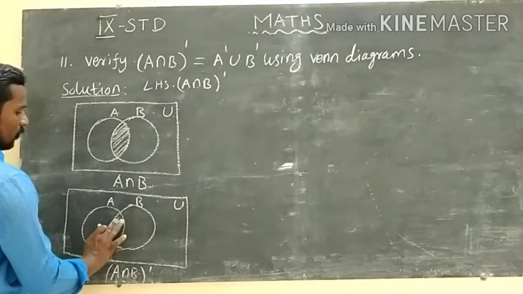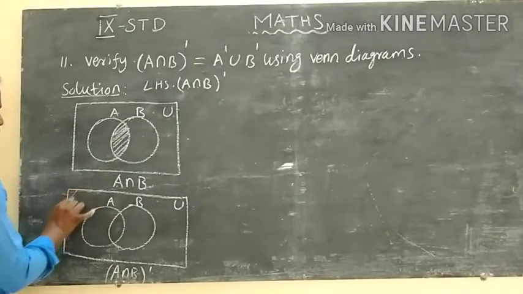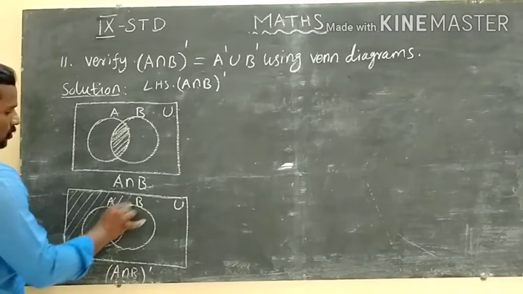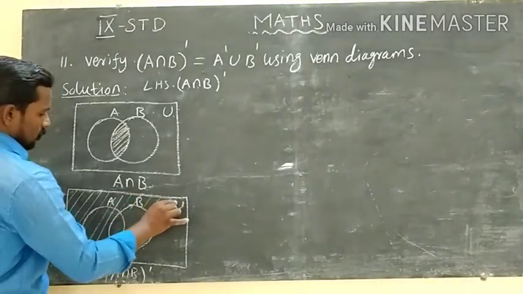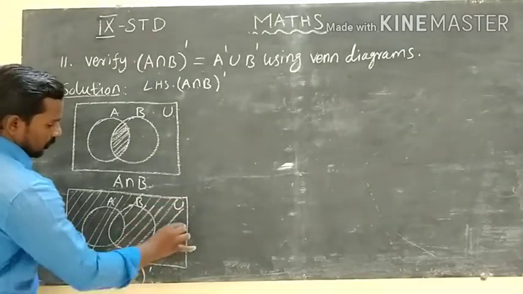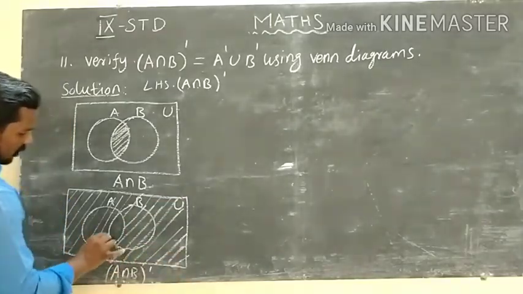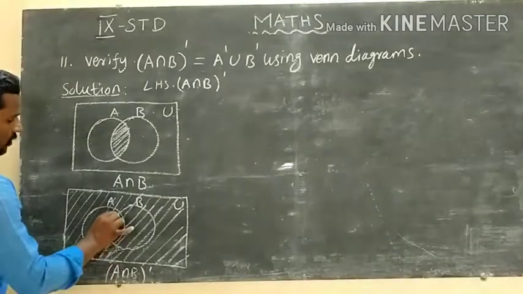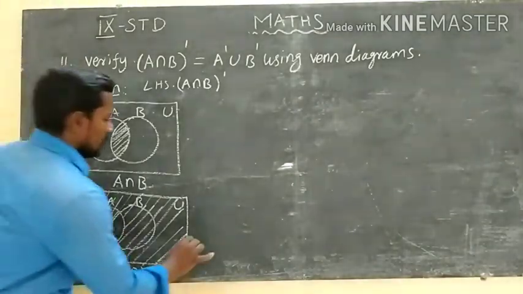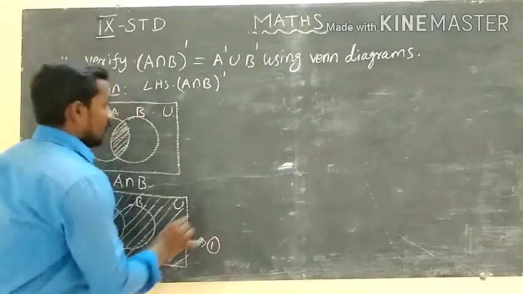This portion only we want to omit. The remaining portions are all this. This is the remaining portion. Only the A intersection B portion, the middle portion, is omitted. Okay, this is number 1, LHS.